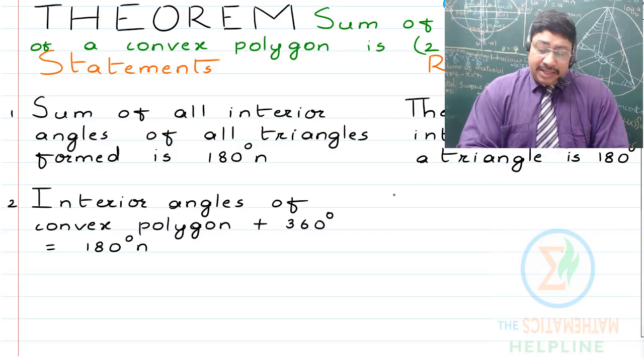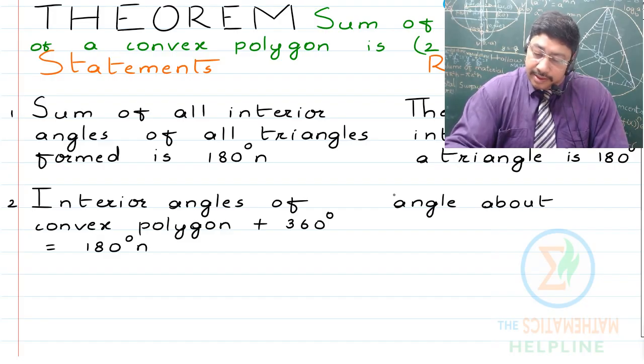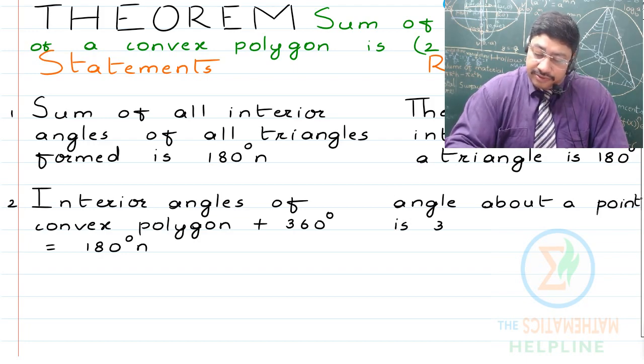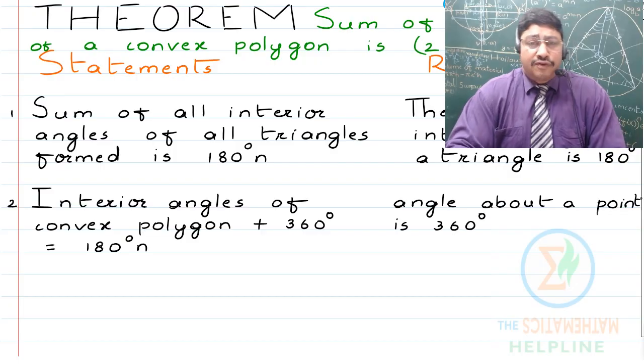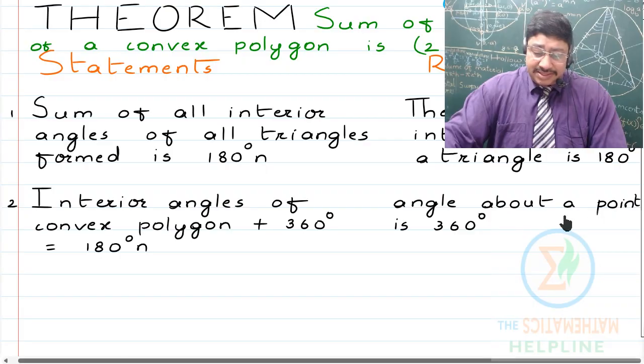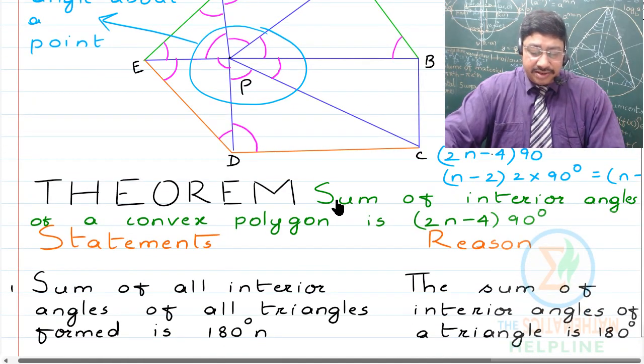Now here we can say that angle about a point is 360 degrees, and this is a theorem that you already studied earlier, right? So as here, we have stated that the angle about this point P is going to be 360.